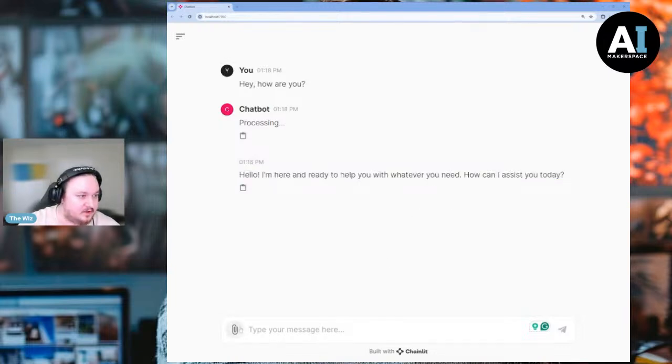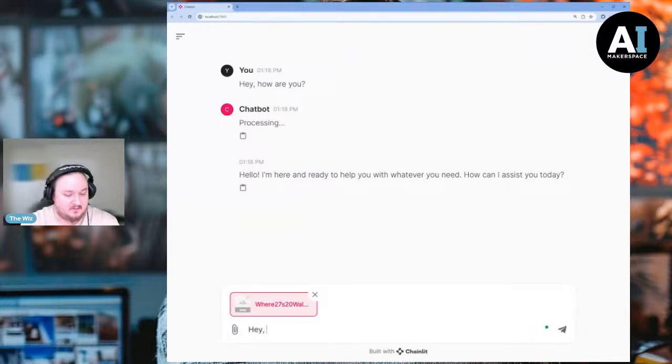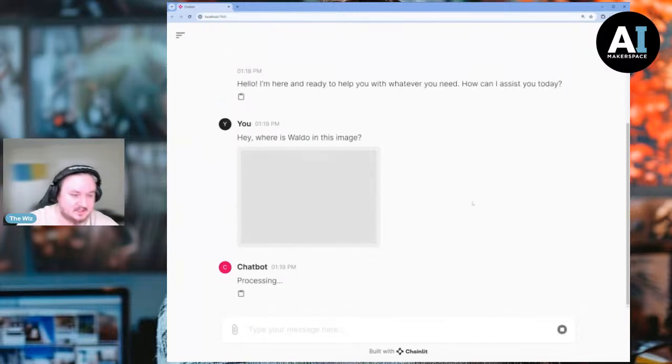And then when we go to upload an image, and this image is the one that Greg was talking about, if we open this Where's Waldo image here and ask, hey, where is Waldo in this image, you can see that it's going to process it, and we will get a response, which is dope, but it's not going to be a great response.